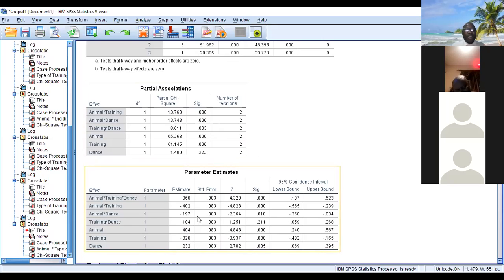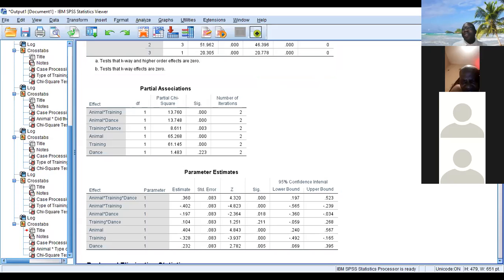But the beauty of the Z one is that it puts everything in a table: the highest level interaction, animal, training, and dance. Can you see now? It is here: animal and training, animal and dance, training and dance, animal, training and dance. So I'm more comfortable with this Z because it presents everything.